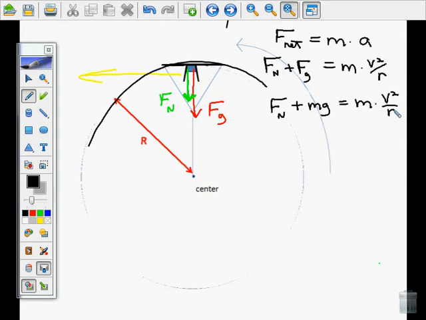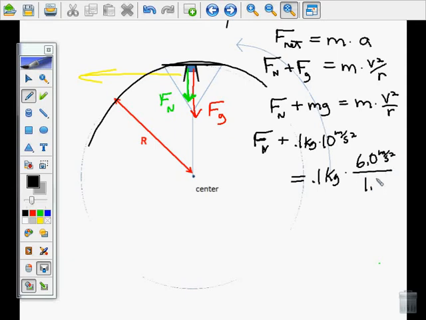Now we can substitute in all of our values, and we get Fn plus 0.1 kilogram times 10 meters per second squared equals 0.1 kilogram times the 6 meters per second, squared, all over the radius of 1.